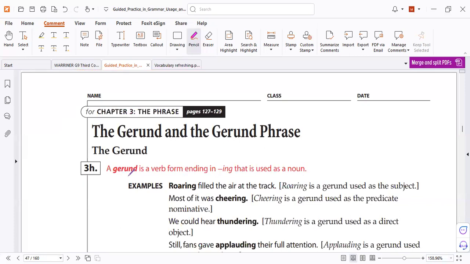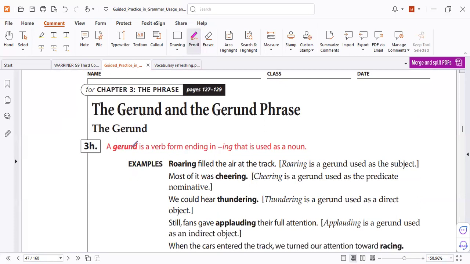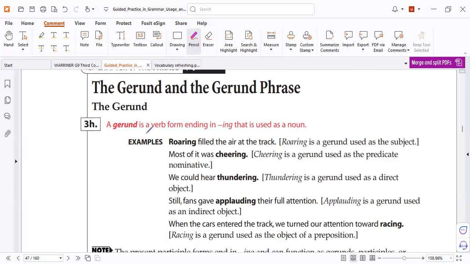Now we are going to learn a new phrase, a gerund. We call it a gerund phrase. But what is a gerund first? A gerund is a verb plus ing, and it's used as a noun only. So a gerund is a noun. Yes or no? Yes.